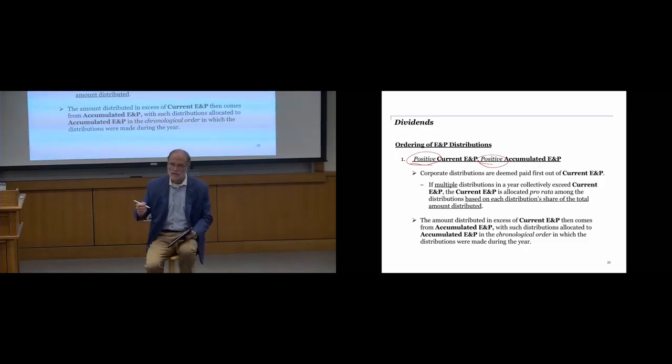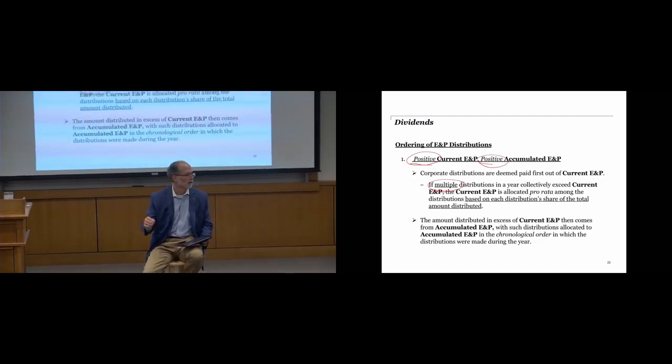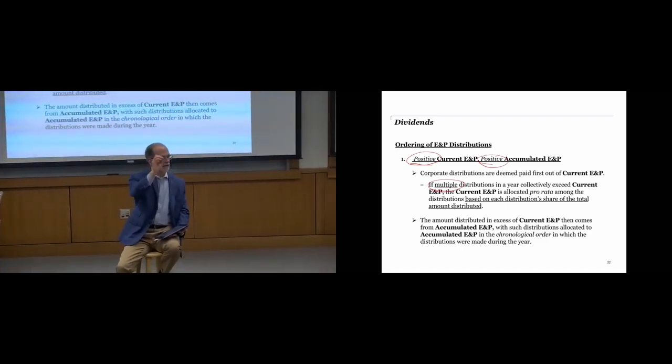The challenge in this area is when I have multiple distributions in the year. Because now I'm invoking the rules that say current E&P is shared pro rata to each distribution in the year. So it's not first come, first serve. Each distribution is going to get a piece of current E&P, and that's based on the distribution's share of the total amount distributed. That's how much we're going to allocate of current E&P to that particular distribution.